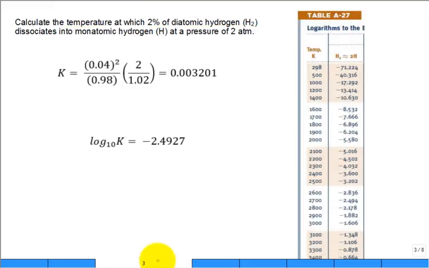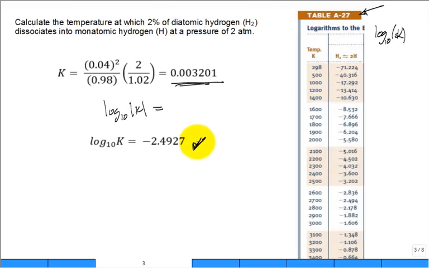So you go to table A22 and you say, I know that they give me in this table the log base 10 of K. So I know what K is. K is that value. What's the log base 10 of K? Can your calculator reproduce this number?